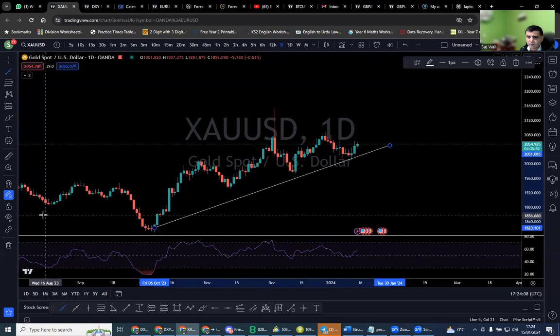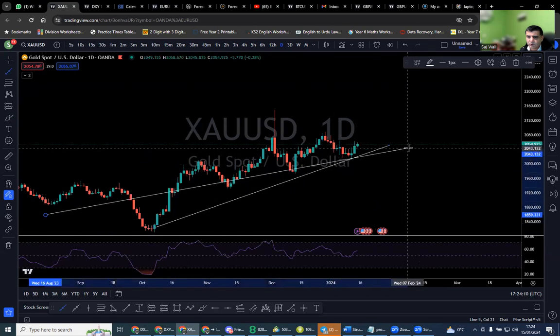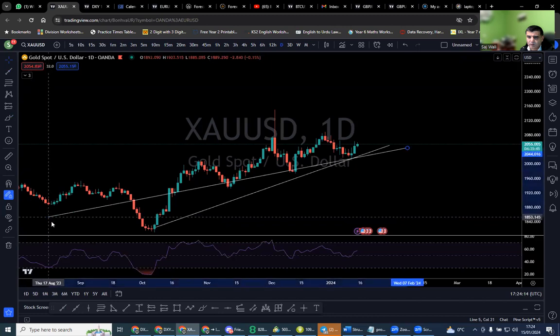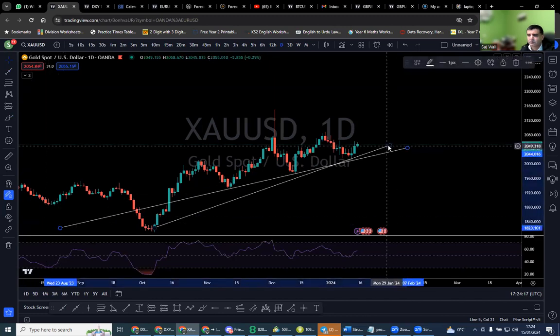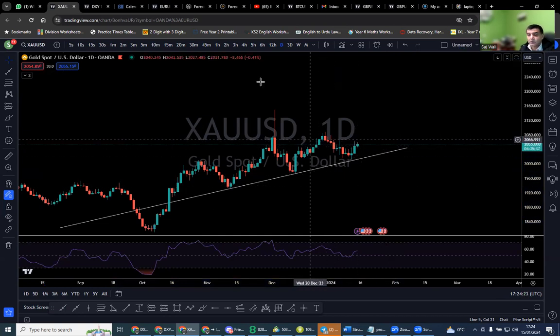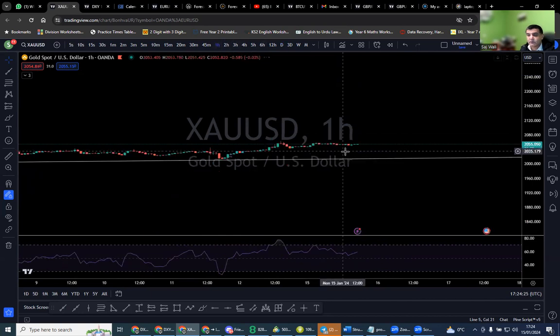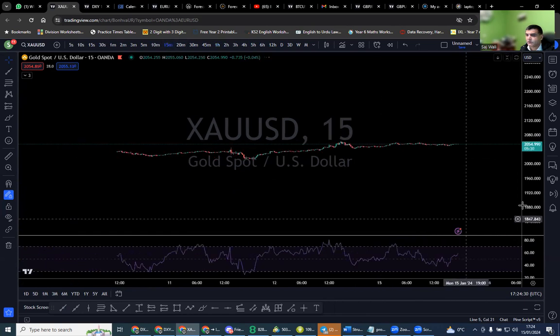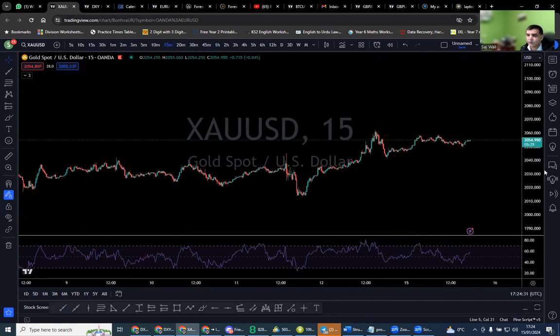Also, if you want to mark here, you can see the bullish structure here. So I hope this is helpful, guys. And let me go to a smaller time frame and see how we can interpret that.